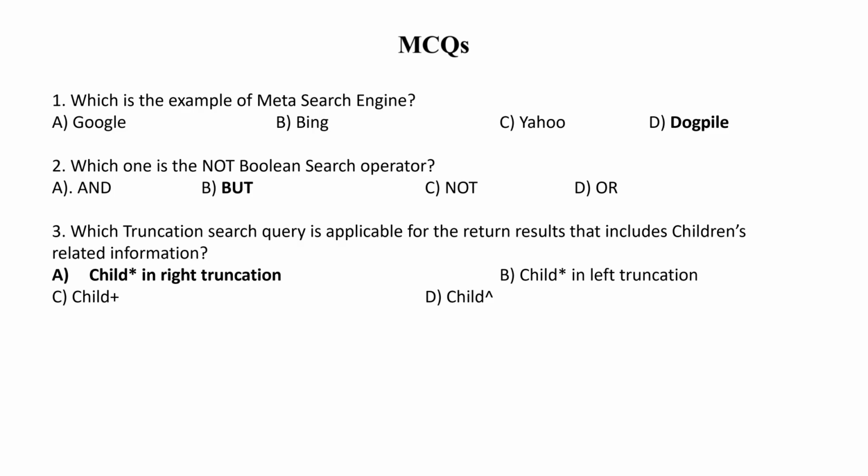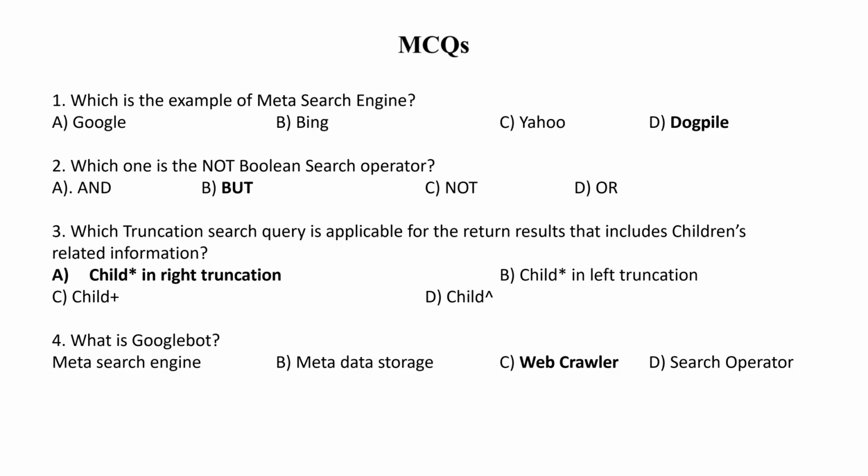Which truncation search query is applicable for returning results on children's involvement or related information? If a person puts child, then star. Why this star? This star is a truncation operator and it includes children, child and all, so it is the best result. What is Googlebot?